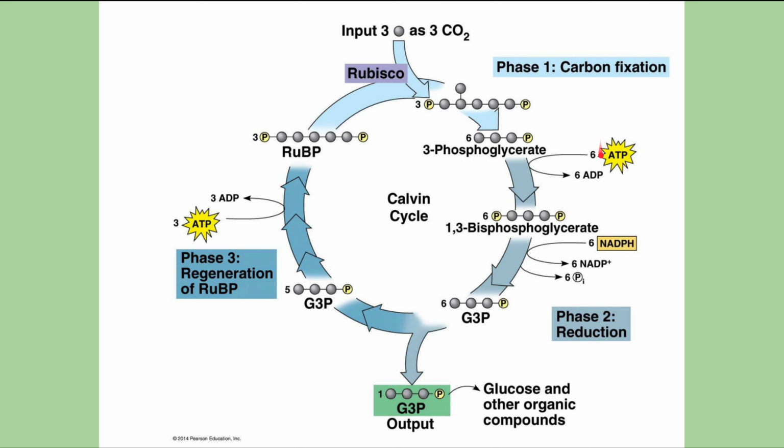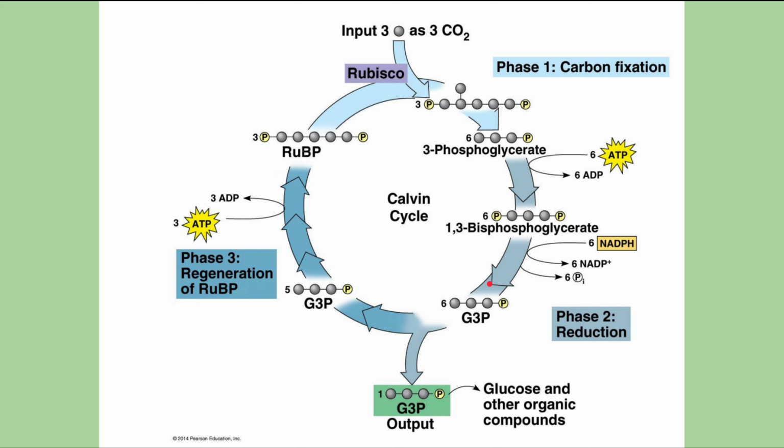Now, we have to use the ATP from the last stage. We need to use 6 ATP to energize, to add a phosphate to the phosphoglycerate. And in that process, we get ADP, which can be recycled again to make ATP. Now, there's another enzyme here that turns the biphosphoglycerate into G3P.